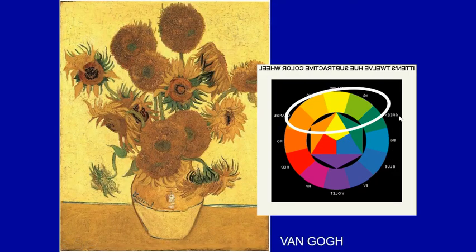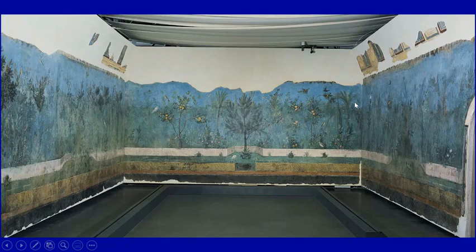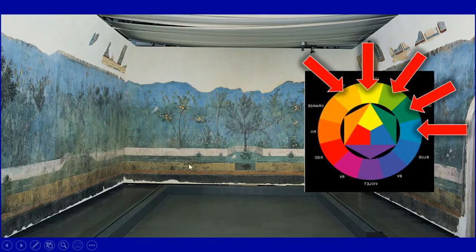Van Gogh did the same thing in this sunflower painting, working from this side of the color wheel, using analogous colors. And this mural painting on the wall is using analogous colors with all the blues and the greens, and even the little bit of orange and the yellow orange down here for this wall around here.